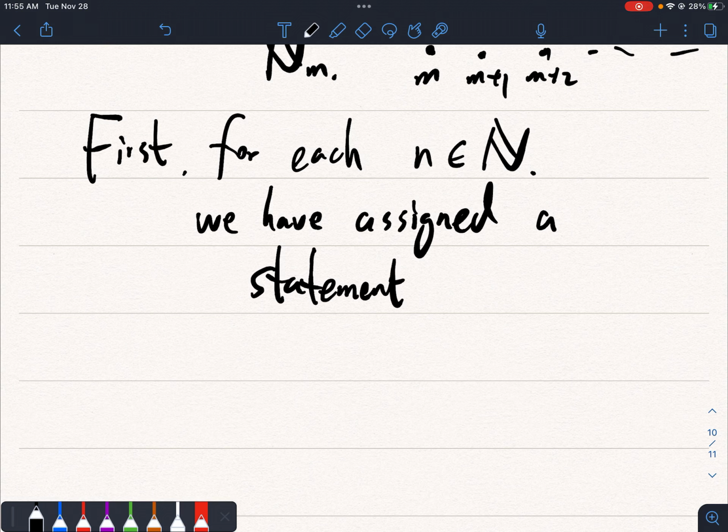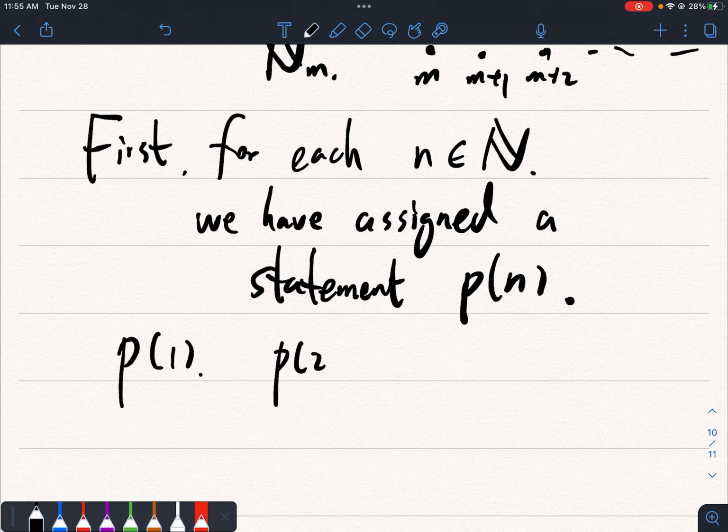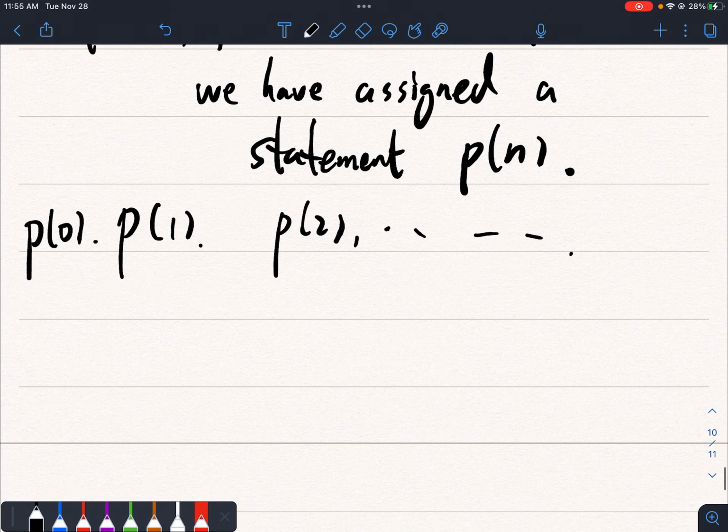But in the end, we want them to be true for all n. P_n means P1 is a statement, P2, so let's say we start from P0, all of them are statements, and we want to show that all of them are true.